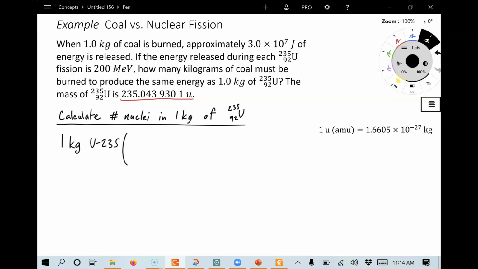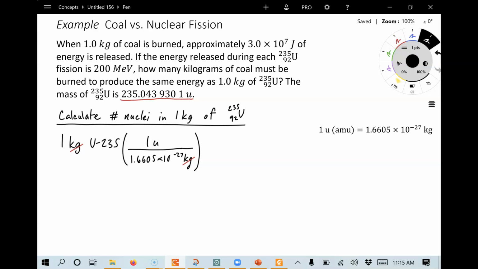So let's get rid of the kilograms. We're going to put that on the bottom: 1.6605 times 10 to the minus 27 kilograms per 1 U. Okay, good. So that's going to give us total U, the mass of the sample.